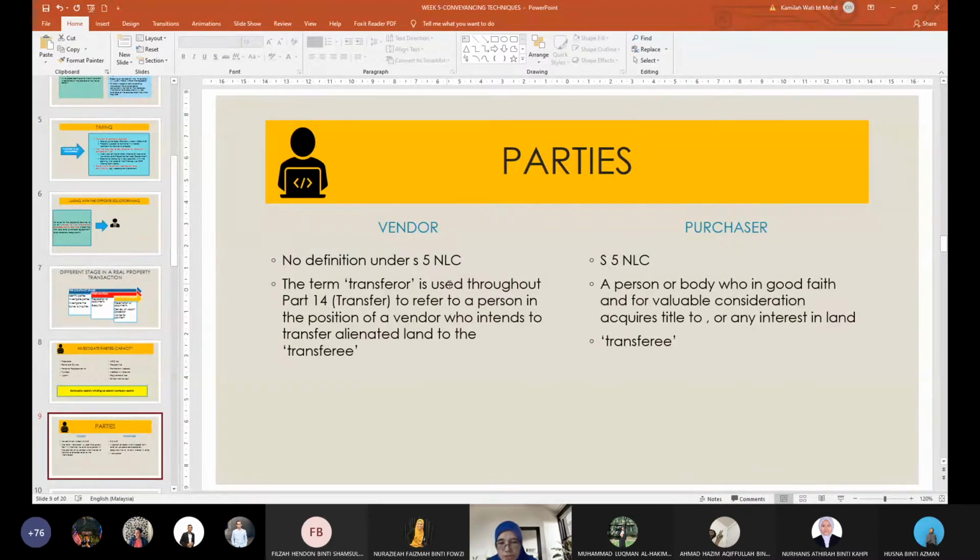The term transferor is used throughout Part 14 to refer to a person in the position of vendor who intends to transfer alienated land to the transferee. Then purchaser dalam NLC dia ada: a person or body in good faith and for valuable consideration acquires title to or any interest in land. The term purchaser ni dia ada definition dalam NLC dan ada the word transferee as well lah dalam NLC. Okay.